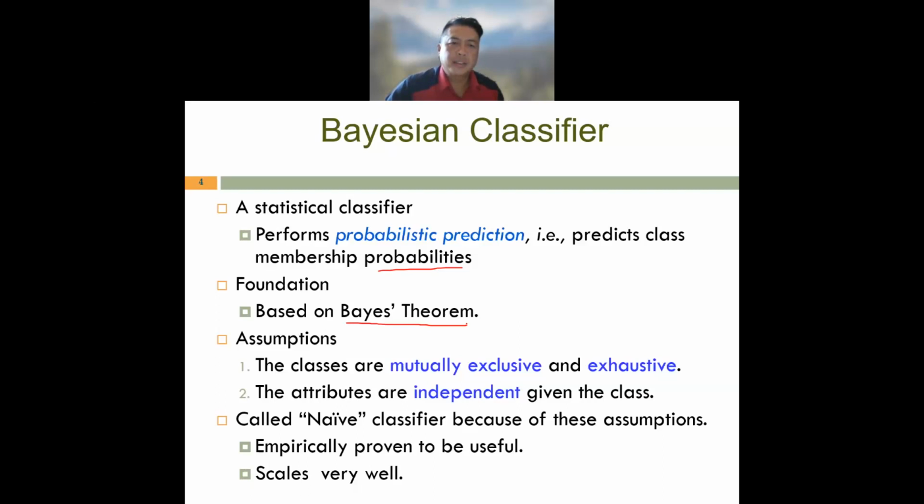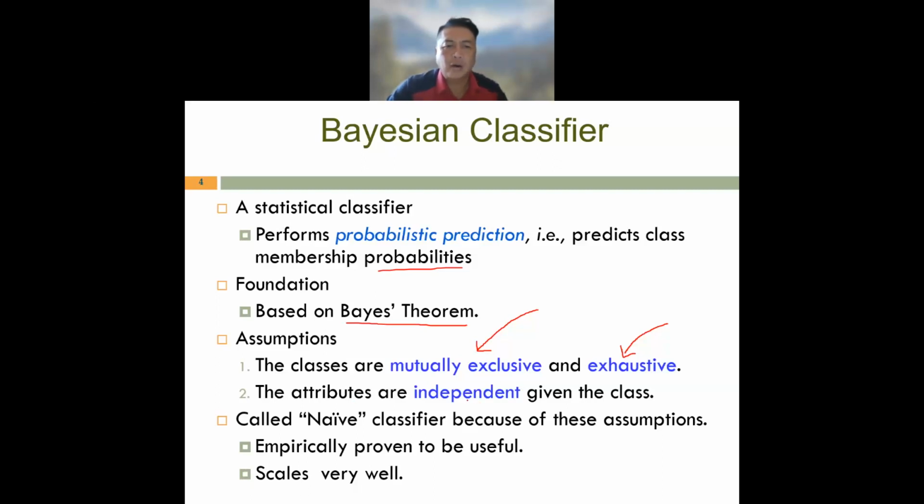The basic assumption is that the classes are mutually exclusive. Mutually exclusive meaning that two events cannot happen at the same time. We have listed all the possible combinations of events that can occur. We also assume that the attributes are independent given the class, meaning all the attributes that we have are assumed to be independent.